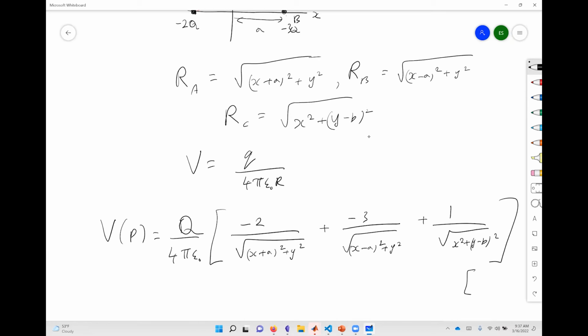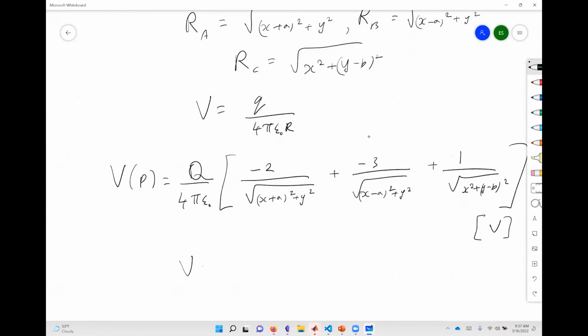And this is in units of volt. Remember, volt is energy per unit charge. So it has units of Newton meter over Coulomb. And Coulomb is amps times seconds. If you want to go back to the fundamental units, the fundamental unit is actually amps.